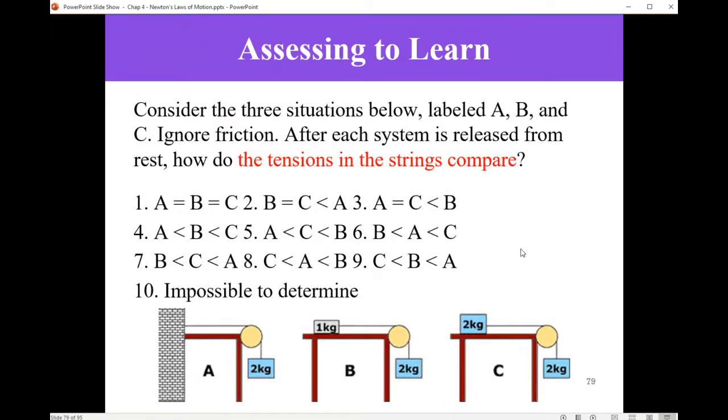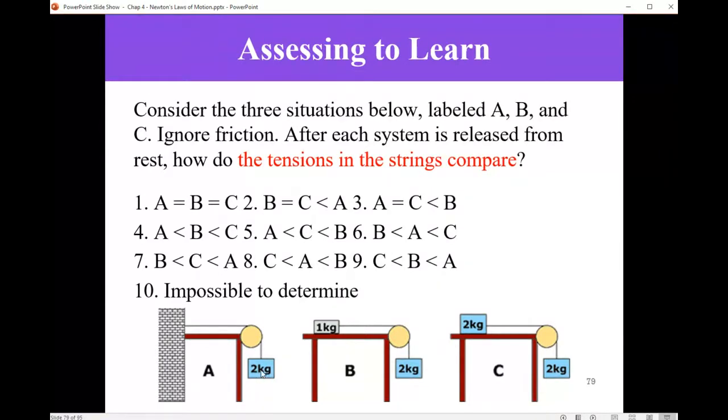Consider the three situations below, labeled A, B, and C. Ignore friction. After each system is released from rest, how do the tensions in the strings compare? So here, this is fixed. So you have a tension of 2 kilograms, 2 multiplied by g, which is 9.8 or approximately 10.